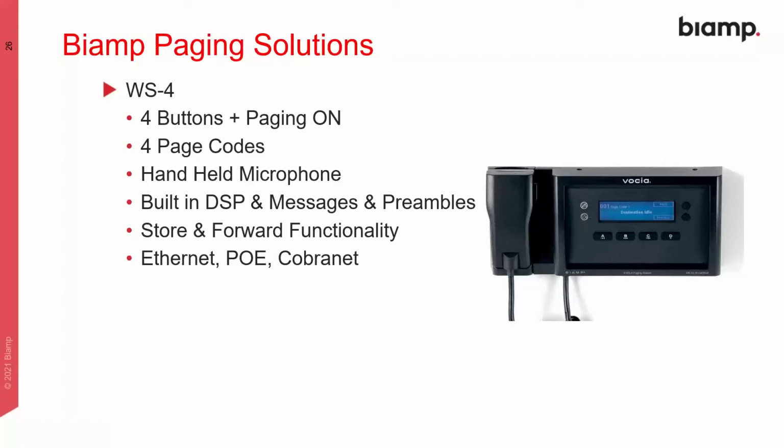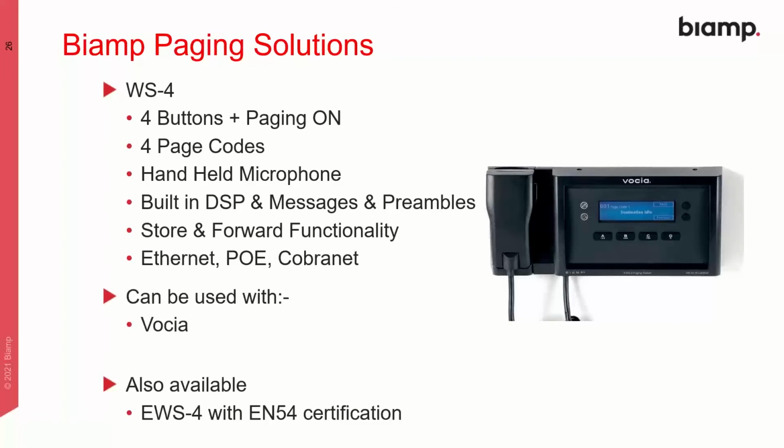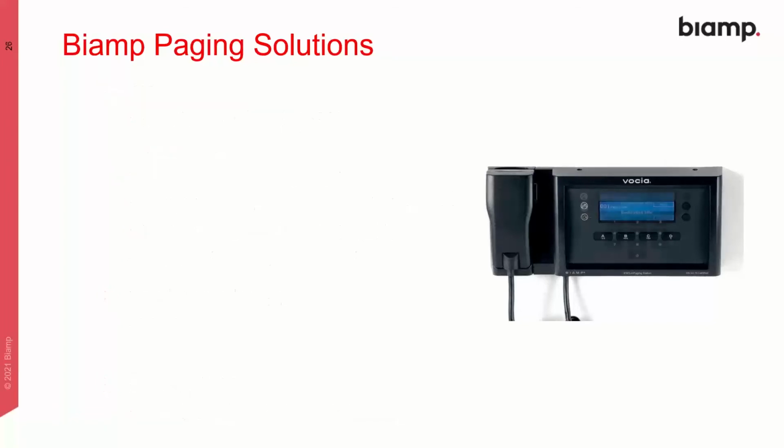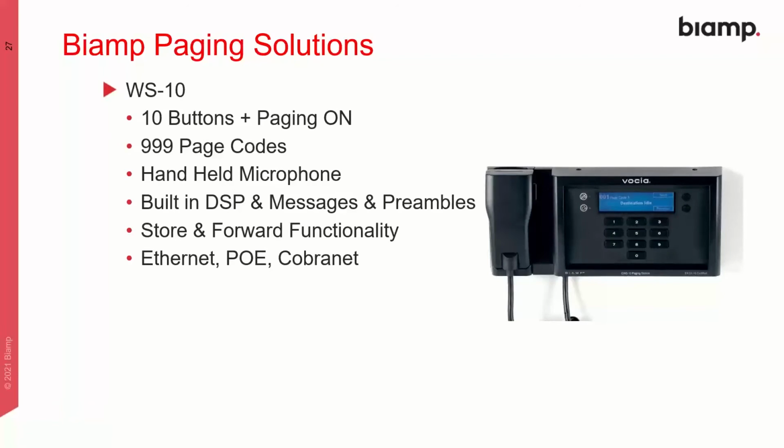Again, Ethernet communication powered by PoE and uses CobraNet for its audio transmission. This can be used with Vocia. We also have a version of this called EWS4, which comes with EN54 certification so that the whole system can be compliant with European life safety evacuation protocols.